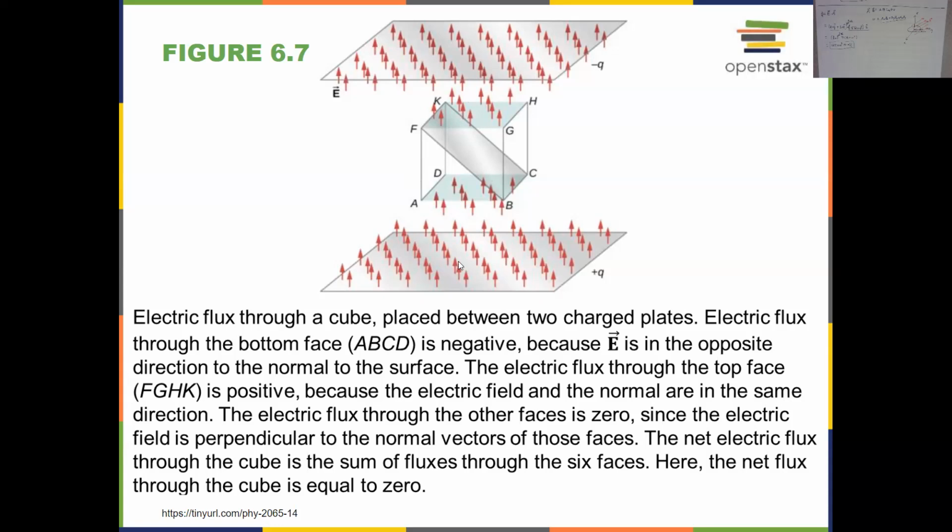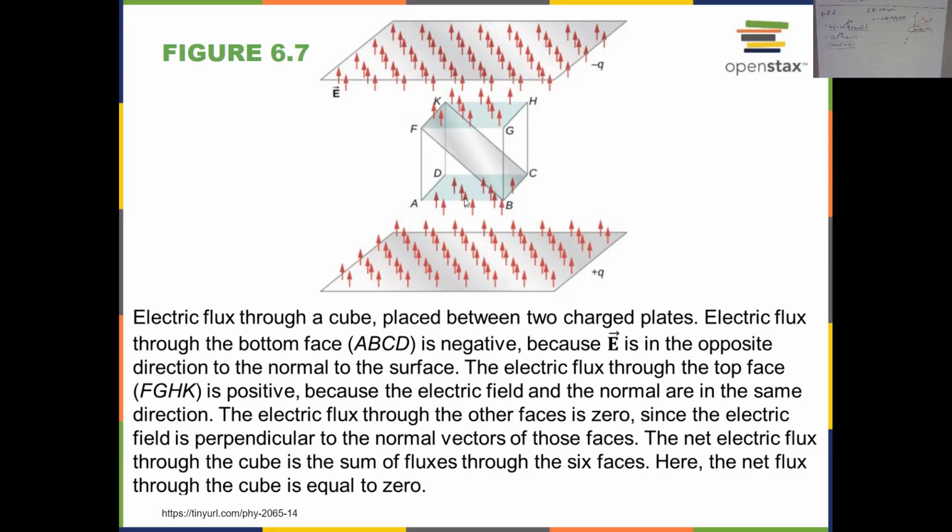So we know for an enclosed surface, the pointing outward is the normal direction, the positive direction of the surface A vector, right? So then on the top surface here, the square FGHK has the A vector in the same direction of the electric field, right? So then that gives you a positive flux.